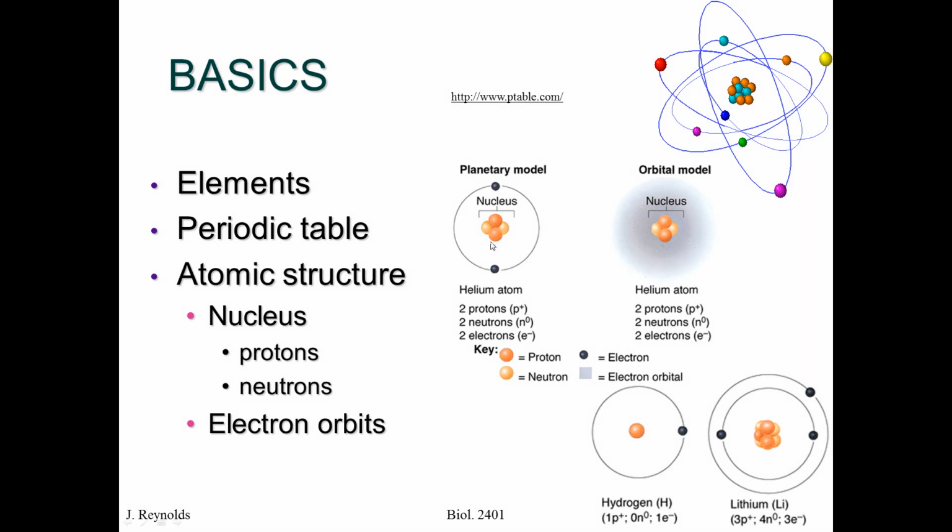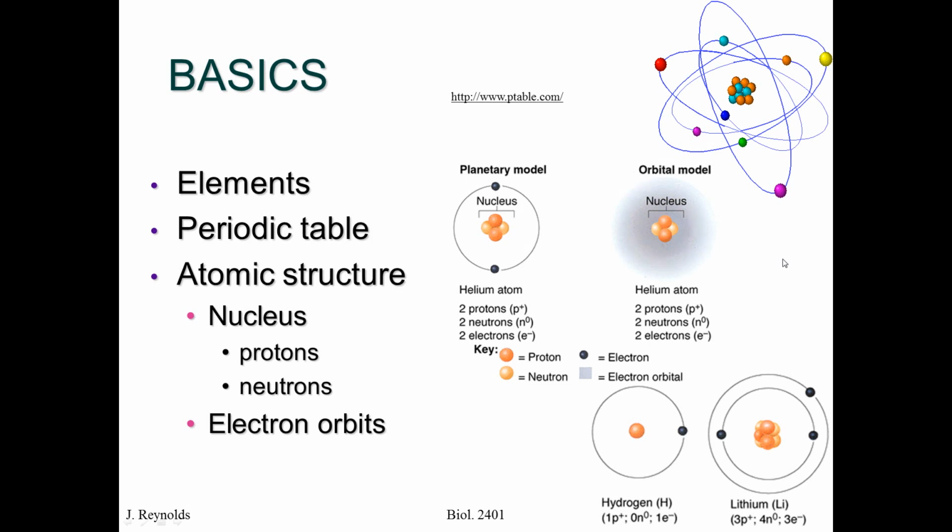Electron number is the same as a proton number. So if there are 2 protons here in the nucleus, there are 2 electrons out in the orbit. So you've got 2 positive charges, 2 negative charges, and 2 no charges. So it all equals out. Atoms have no charge on them. And over on the right side, you just see the electron orbit is kind of an electron cloud.